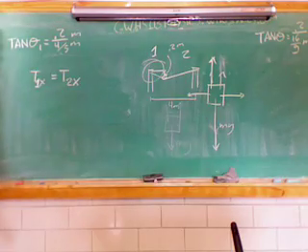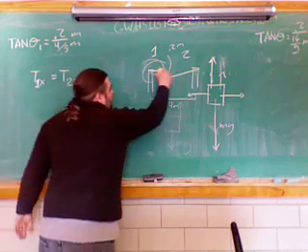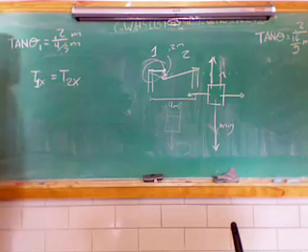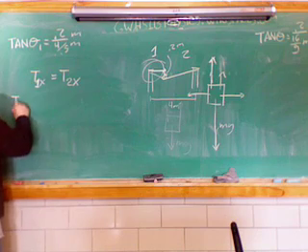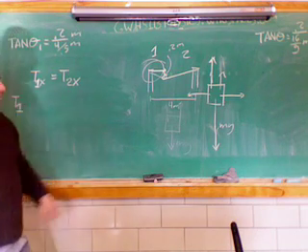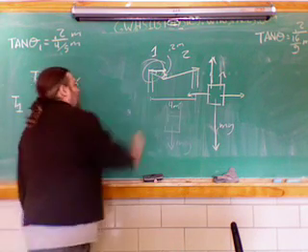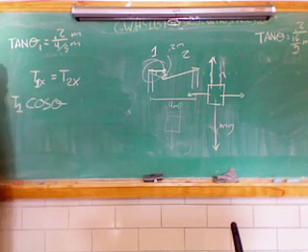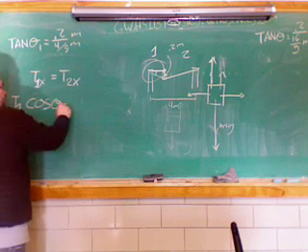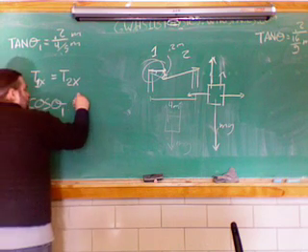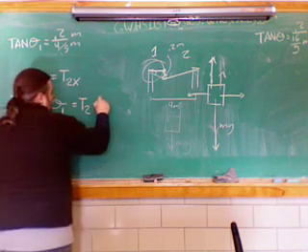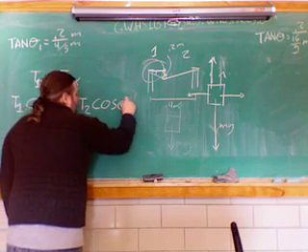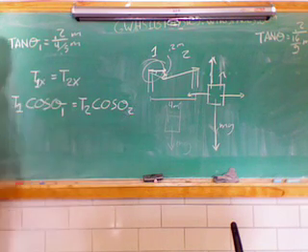Well, if I want to determine this component of that tension, I'm going to be left with T1. Instead of talking about x, I'm going to be talking about the cosine of theta, and that's T1 cosine theta 1 is equal to T2 cosine theta 2. Okay? Cool?